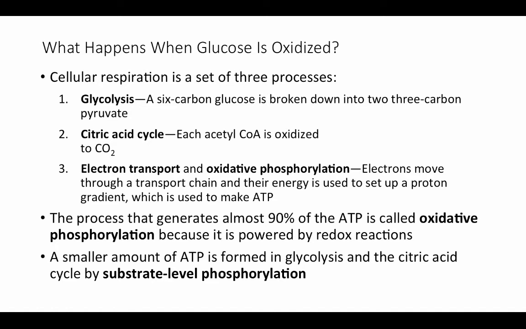The difference between substrate level phosphorylation and oxidative phosphorylation is basically that the phosphate group in substrate level phosphorylation is going to be transferred directly from another molecule to ADP to form ATP. That's the substrate.